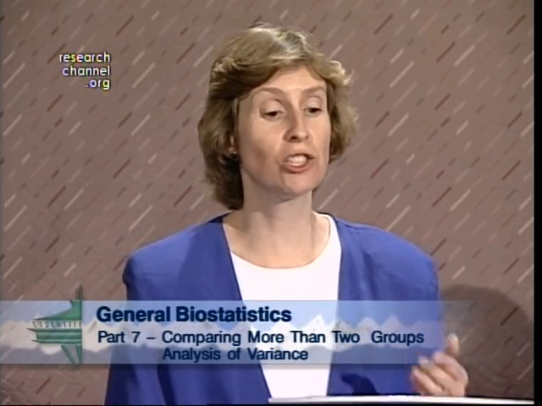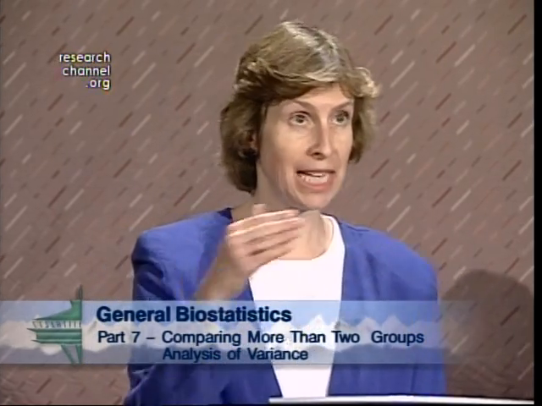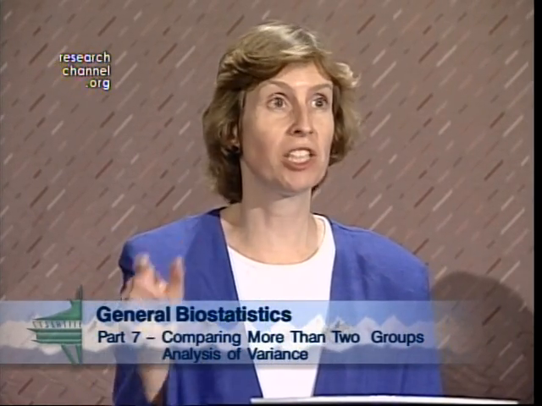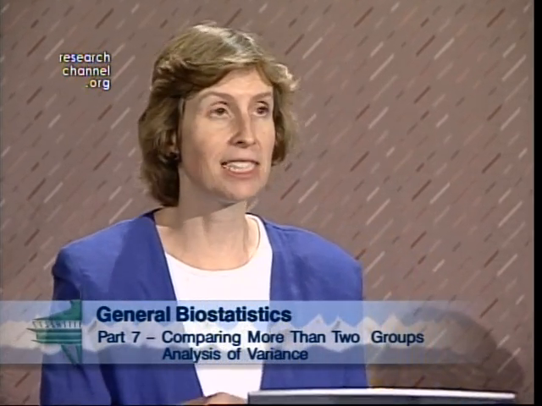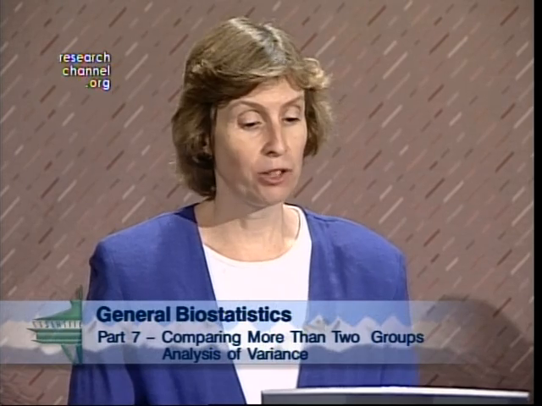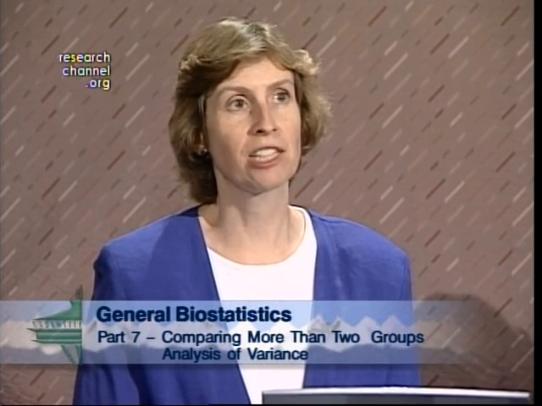Now, we're actually assuming that these are means that are continuous data that are normally distributed with equal variance. So this assumption of equal variance might not be met, and then I'd go to a non-parametric method.